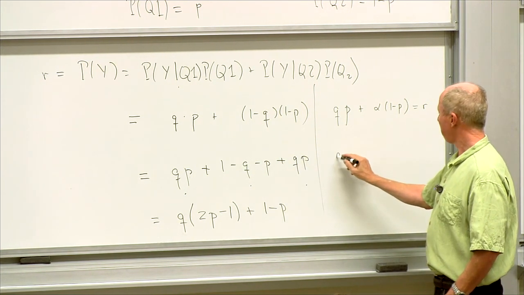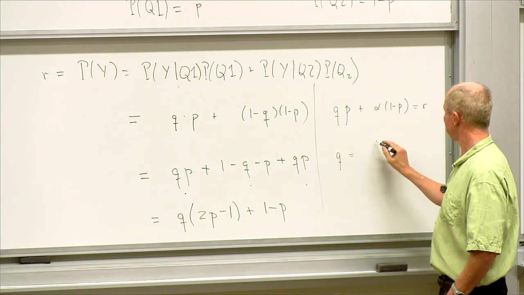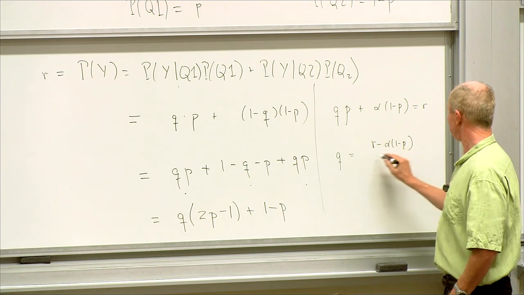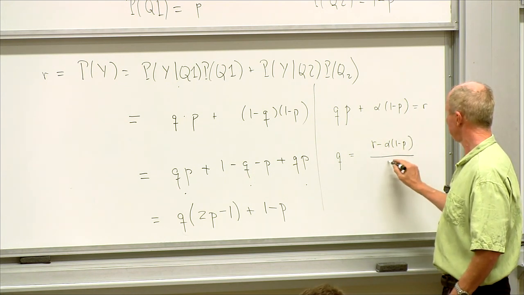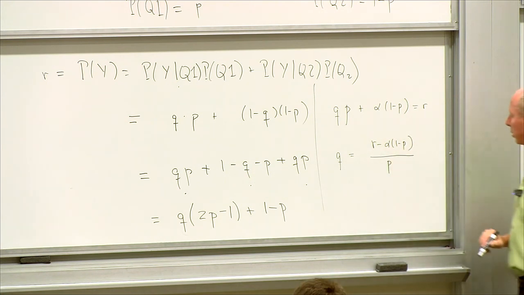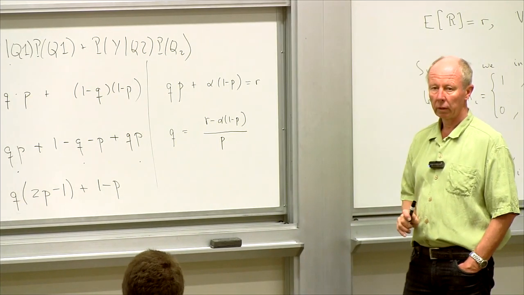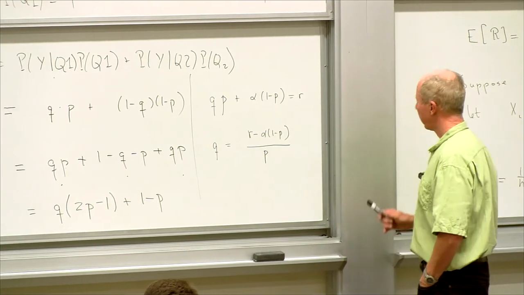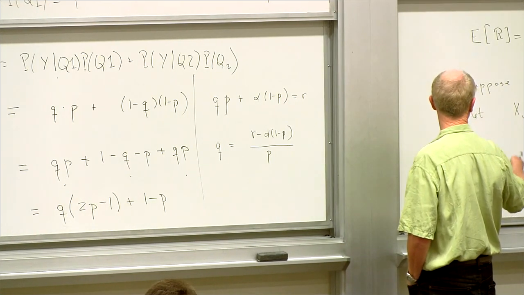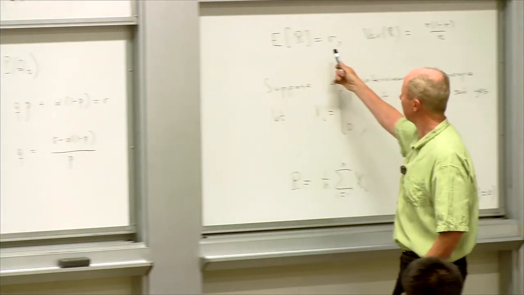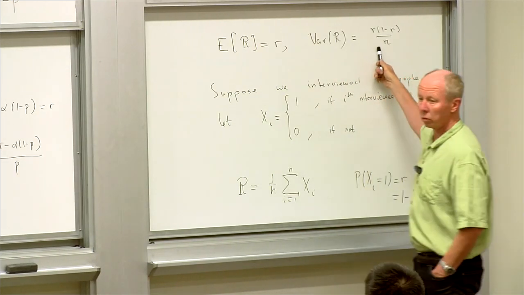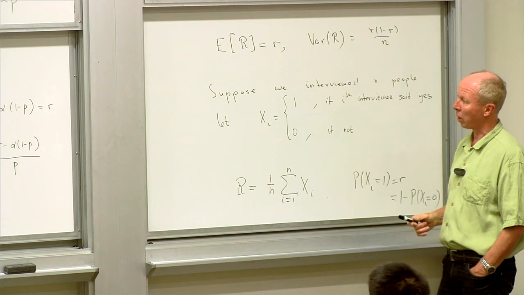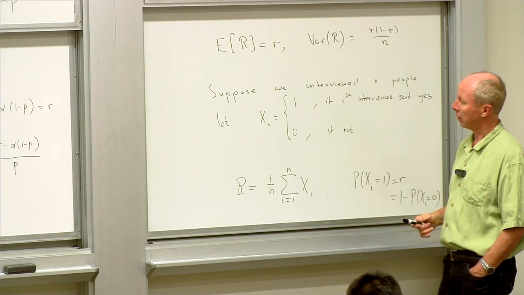Solving for q, you get this. Capital R is still going to have these two things true, where R is probably the yes response.